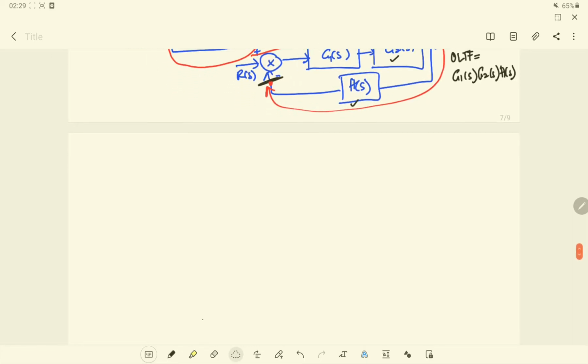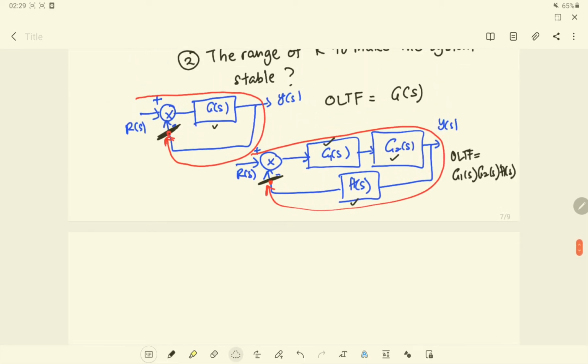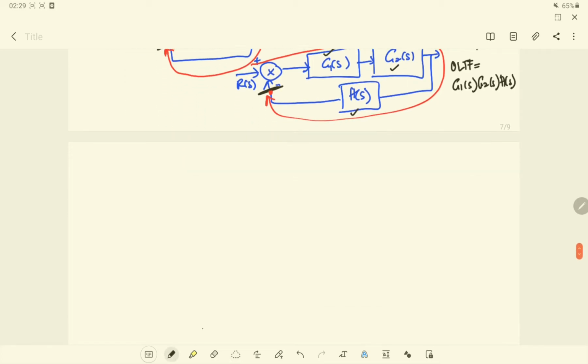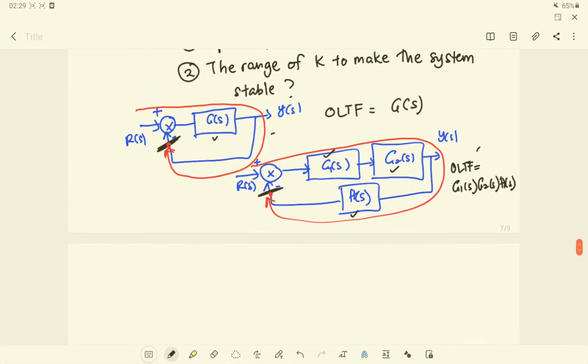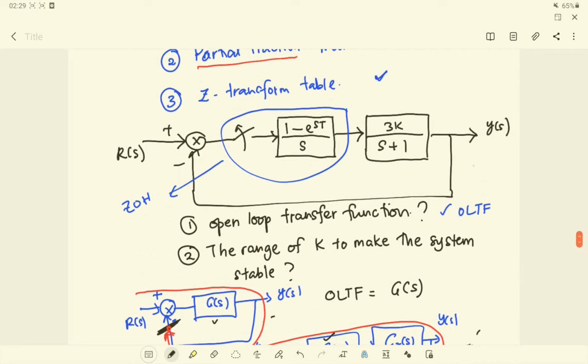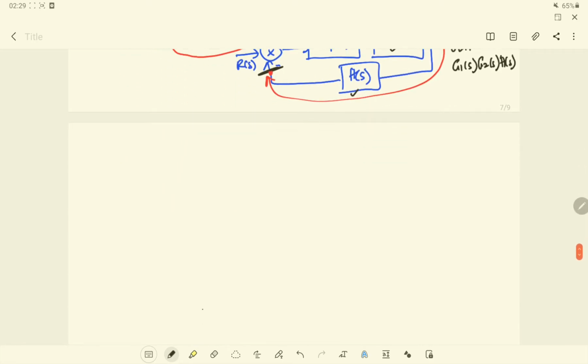Okay, that was example 1 and example 2 of how we find the open loop transfer function. Now for our system, our question: given this system, I think it's better I draw it again.